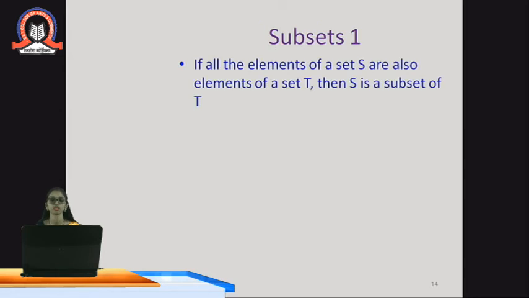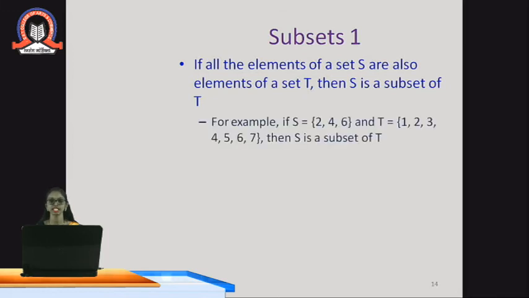Now subset. If all elements of a set S are also elements of a set T, then S is a subset of T. For example, my S set contains 2, 4, 6 and T is equal to 1, 2, 3, 4, 5, 6, 7, then we say that S is a subset of T. This is specified by S is a subset of T, or by 2, 4, 6 is a subset of the set 1, 2, 3, 4, 5, 6, 7.